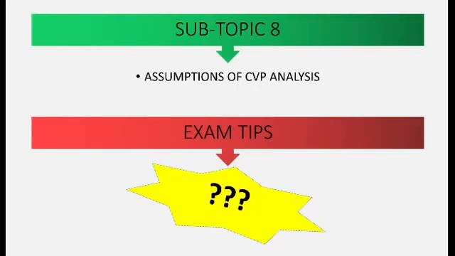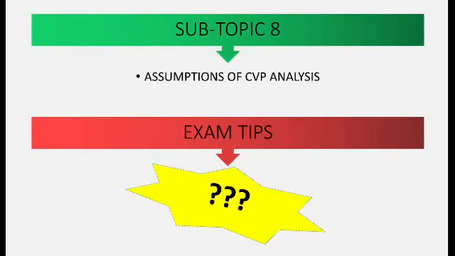Okay, subtopic 8 that a non-accounting student will have to learn is assumptions of CVP analysis. When you do the CVP analysis, you have to be aware of the assumptions used for the analysis.